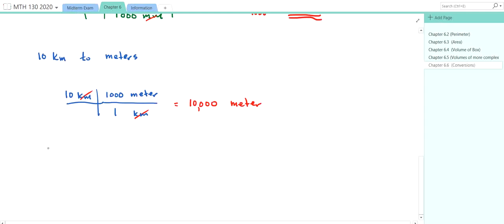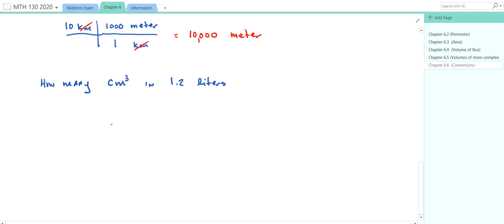So we can also figure out, say, how many cubic centimeters are there in 1.2 liters. Maybe if you're working in the hospital, you need to figure that out. cc's, cubic centimeters. Let's start out with 1.2 liters.